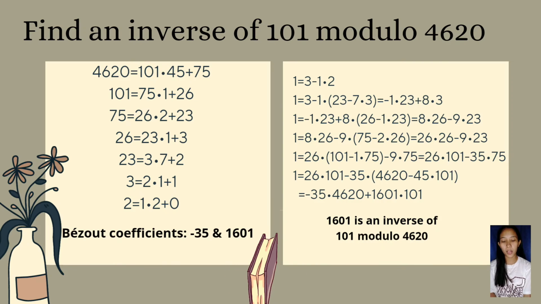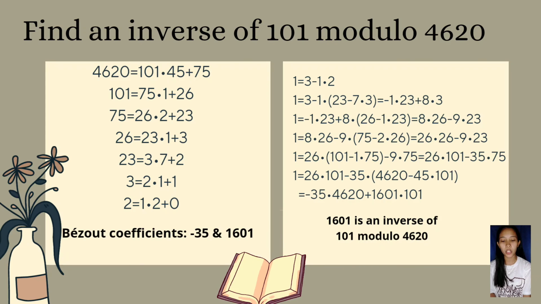So, now we will have 1 is equals to 8 times 26 minus 9 times the quantity of 75 minus 2 times 26. So, it is equals to 26 times 26 minus 9 times 75. So, we will have 1 is equals to 26 times the quantity of 101 minus 1 times 75 minus 9 times 75 is equals to 26 times 101 minus 35 times 75.